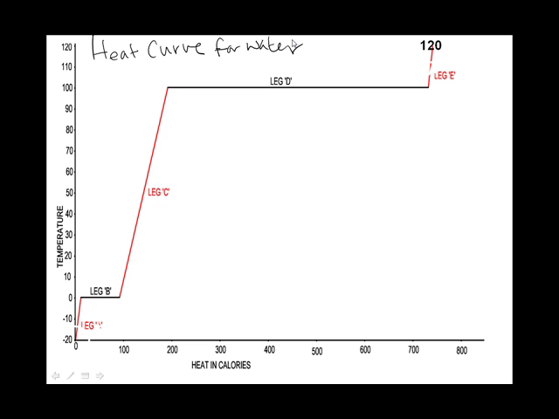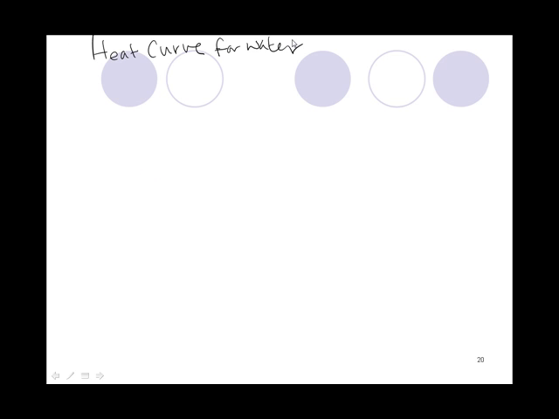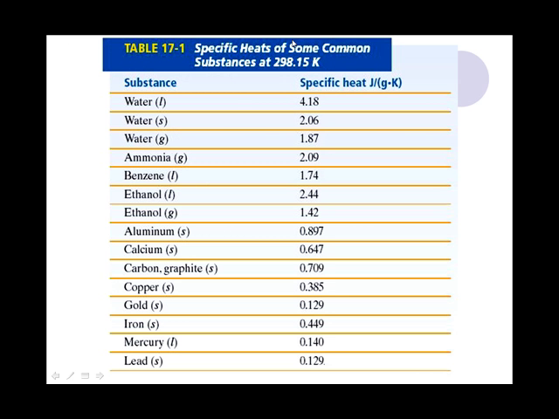Let me go through the details of this curve in just a little bit. But before we get to the heat curve, let's go back to the specific heat table that I gave you on the last podcast. For 1 gram of liquid water to change by 1 degree, it needs 4.18 joules. Solid water, otherwise called ice, needs 2.06 joules for every gram to change its temperature by 1 degree.